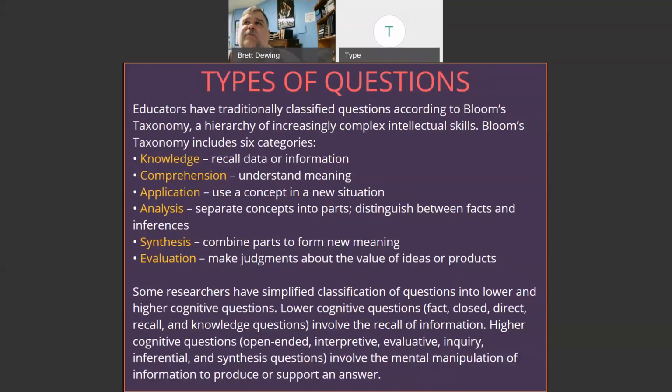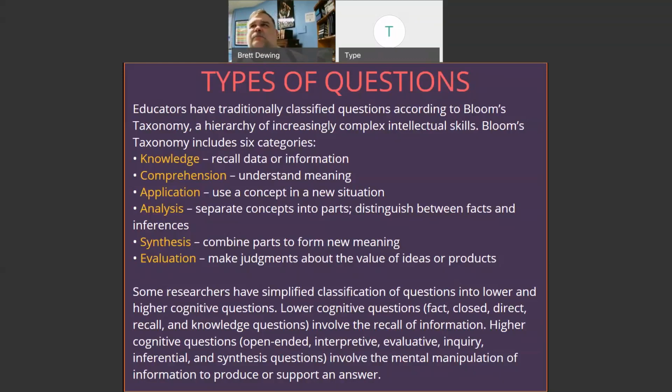Educators have traditionally classified questions according to what is called Bloom's taxonomy. Big word. It's a hierarchy of increasingly complex intellectual skills. A hierarchy, I'm not sure if you're familiar with that word. That means something that's from high to low or low to high, like the hierarchy at work is you and your manager and your boss, and then the boss's boss.